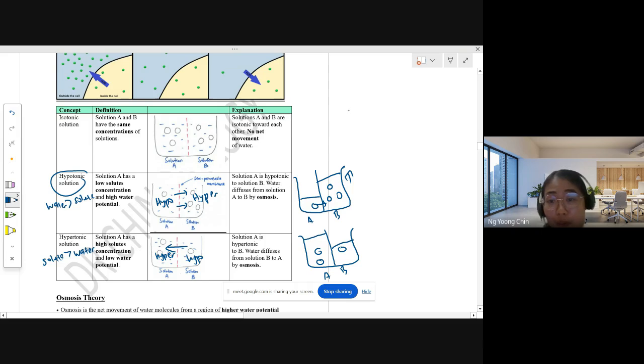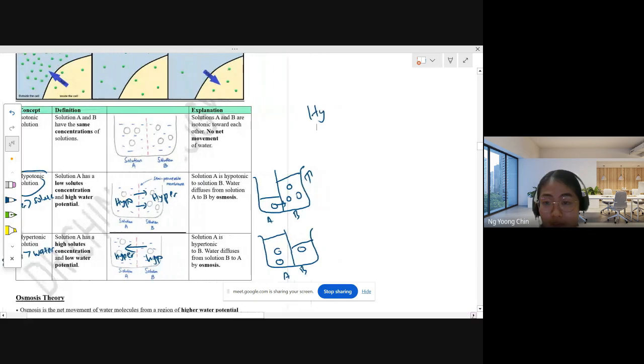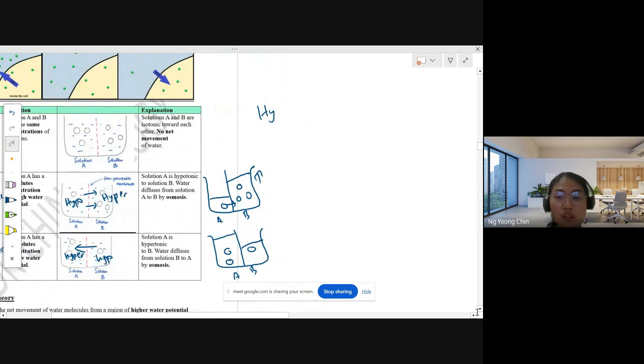Water will also move from the hypotonic. Maybe I write down hypotonic, or called high water potential, or very high water concentration.